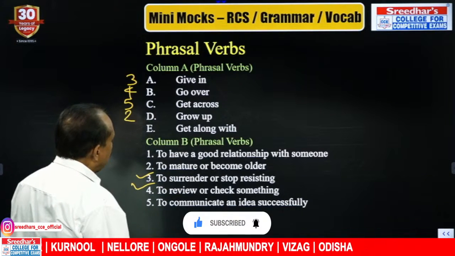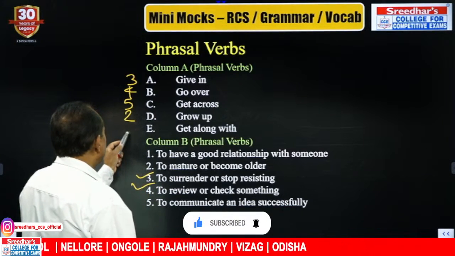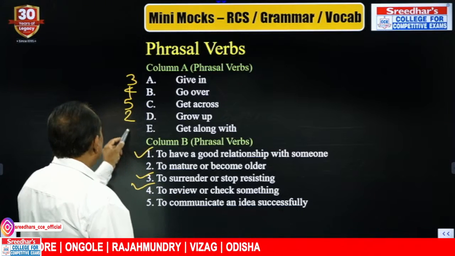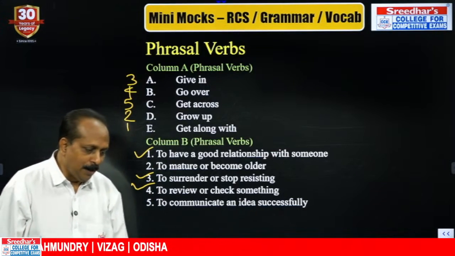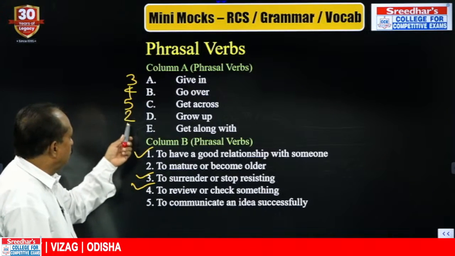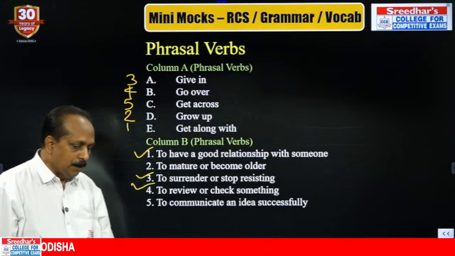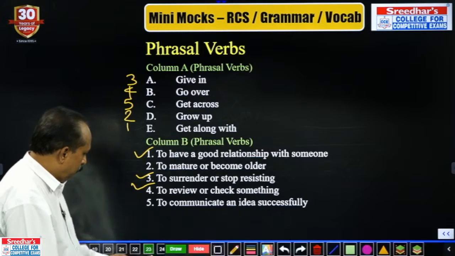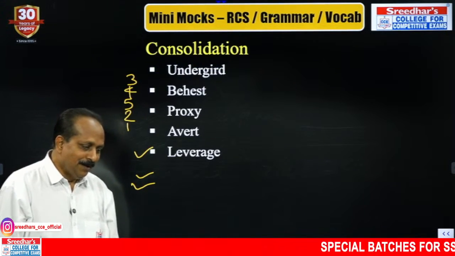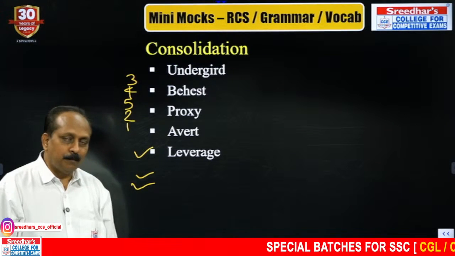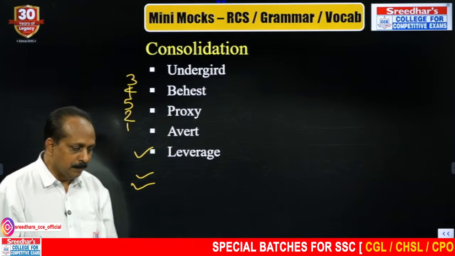Get along with brothers and sisters, to have a good relationship. So what is the correct order? 3, 4, 5, 2, 1. All are important. Do remember phrasal verbs. Brothers and sisters always fight. That is known as sibling rivalry.